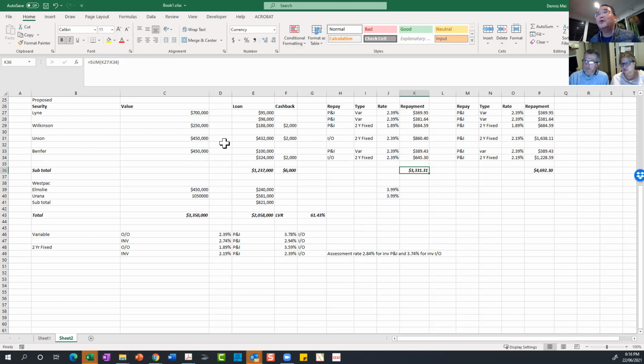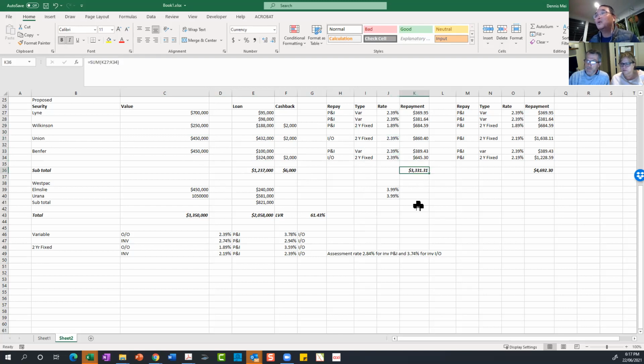interest only for three loans, and I'll take principal plus interest for this loan. If we take interest only, the repayment will be lower. So the rate will be 2.39, 2.39. The majority of the rates are 2.39 variable, and interest only for the investment 2-year fix.